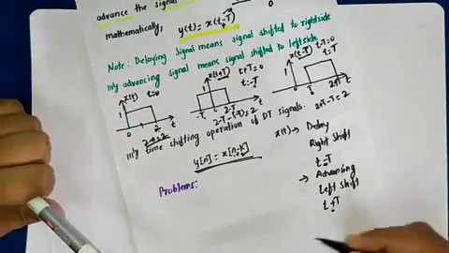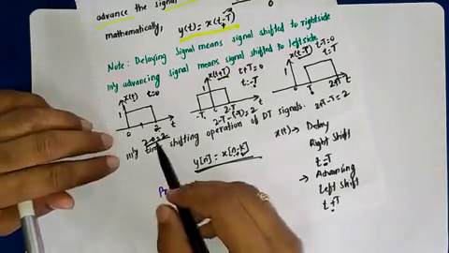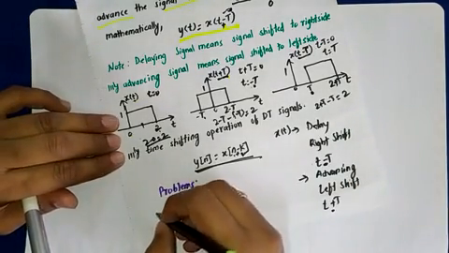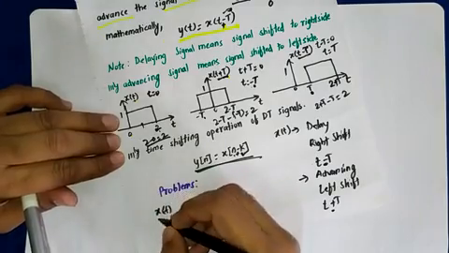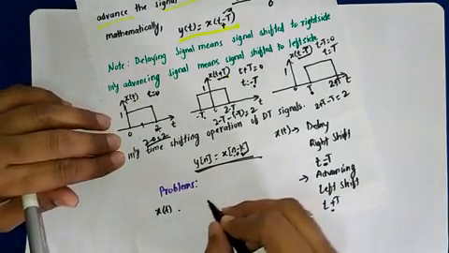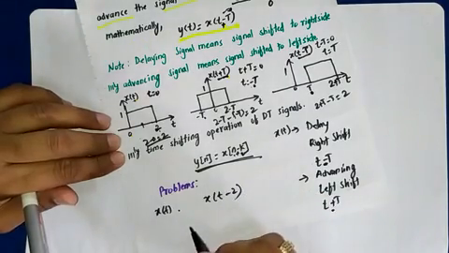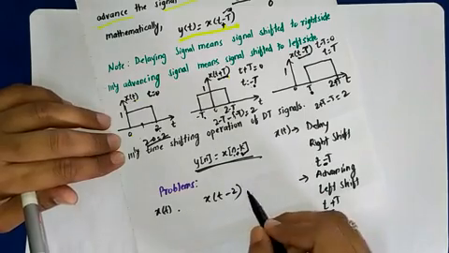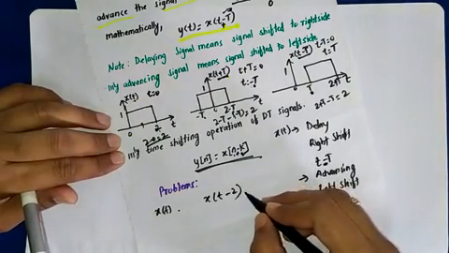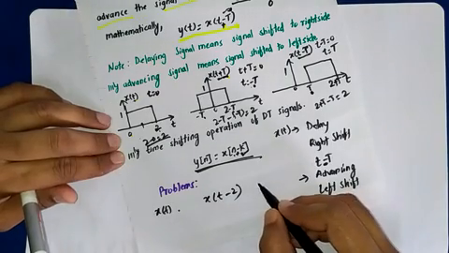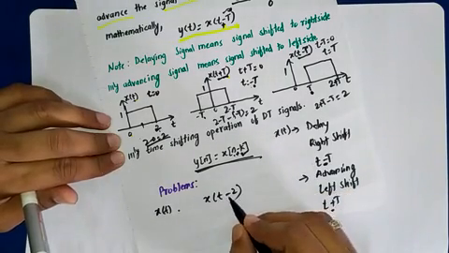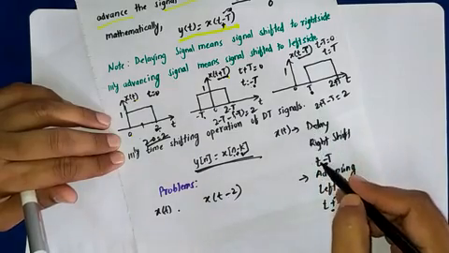In other words, wherever you are asked to perform these operations, like if you are given x of t and asked to perform x of t minus 2, what I am saying is that I want to delay this x of t by 2 units, because minus is here and delay tells you that.